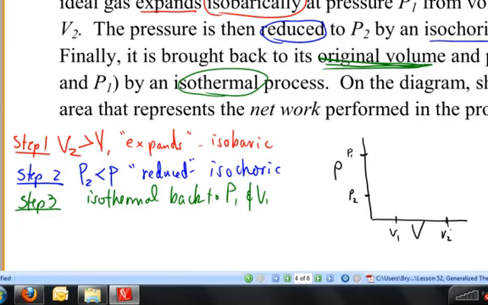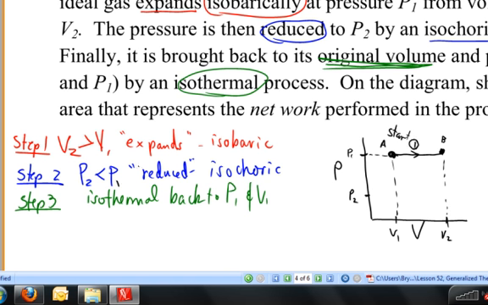Alright, so we're going to start at point P1 and V1, so our starting point is going to be up here. And I expand isobarically, so at constant pressure, until I get to V2. I'm going to go from this first point, which I'll call point A, to point B, and this represents my first step.